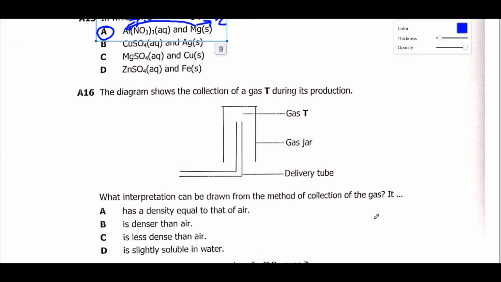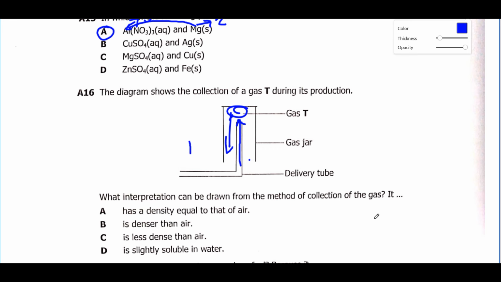The delivery tube is pointing upward, which simply means that this gas is able to go up. So the air here will go down. The air is denser than this gas, which means the gas itself is less dense. As a result, it's able to go up.